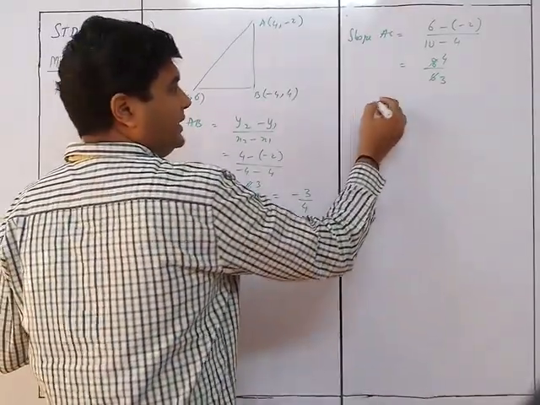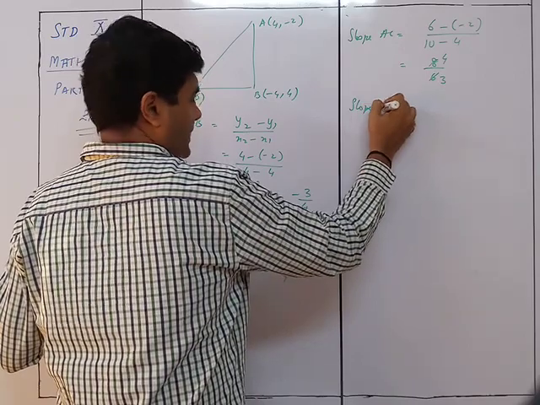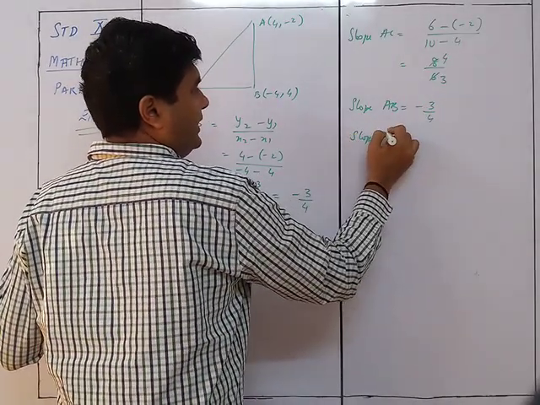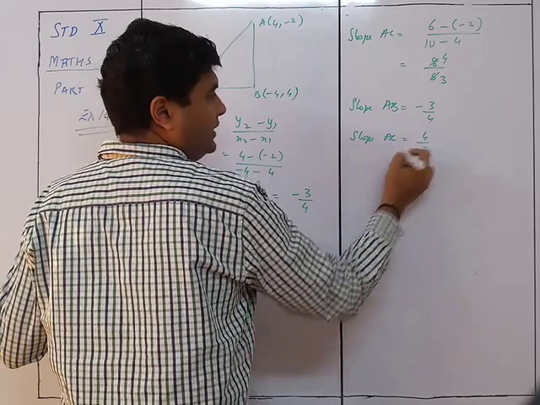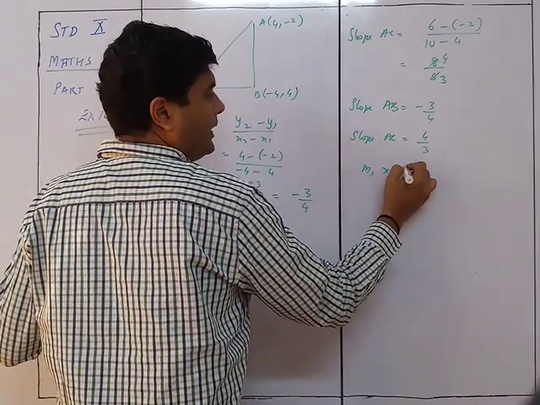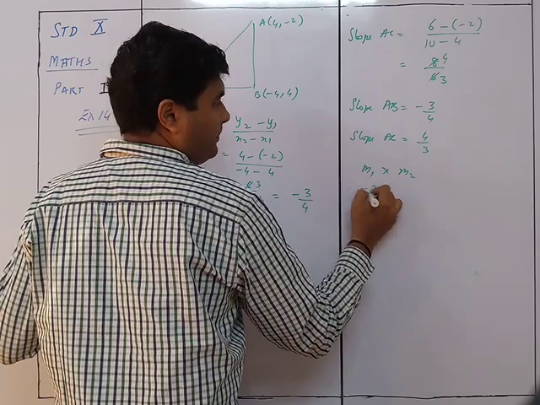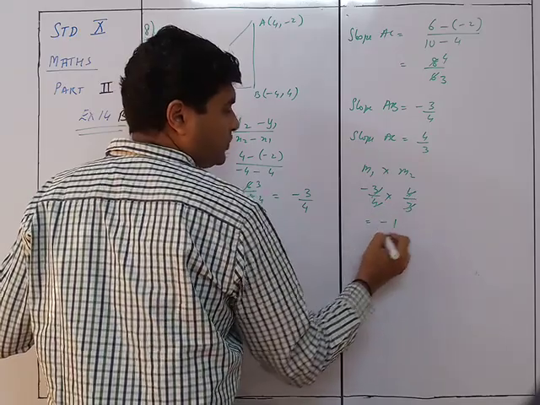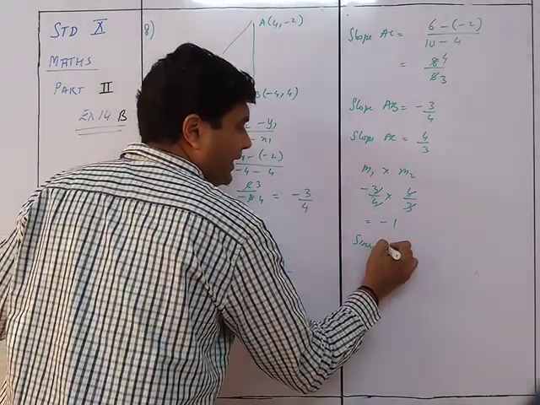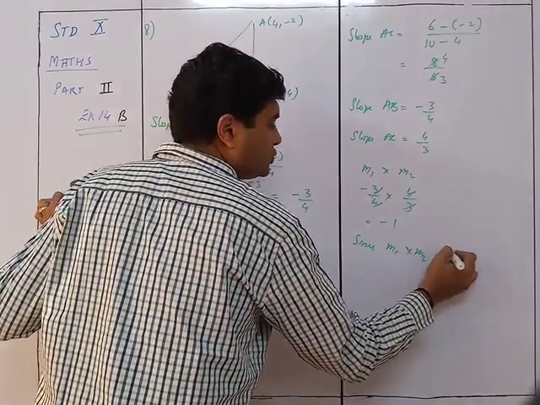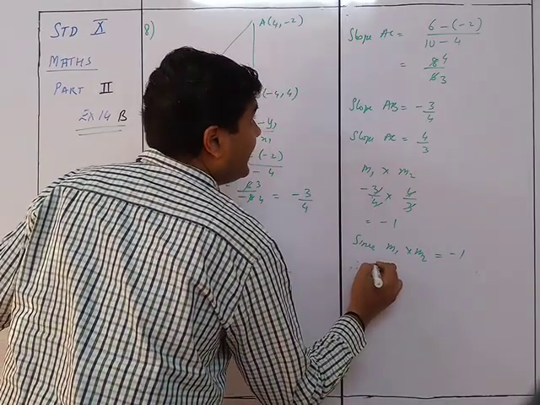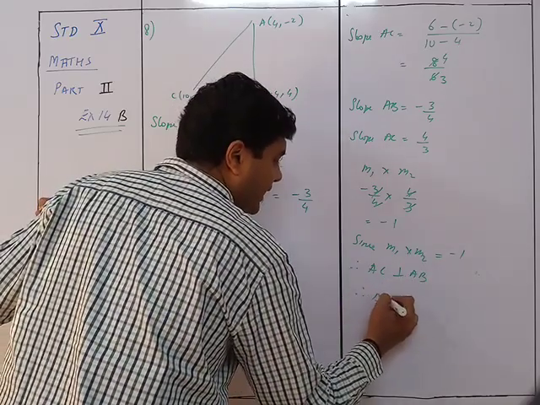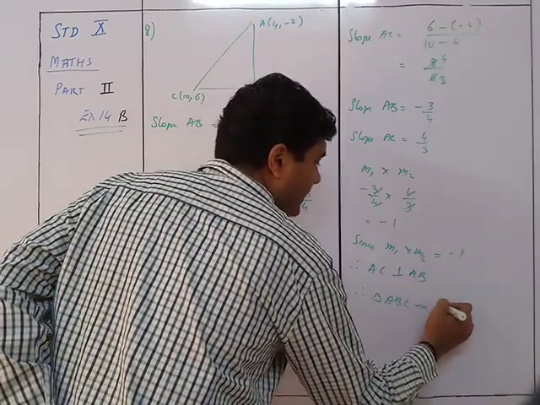So now you can see that slope AB is equal to minus 3 upon 4 and slope AC is equal to 4 upon 3. So m1 into m2 is minus 3 upon 4 into 4 upon 3, which gives you minus 1. Since m1 into m2 is equal to minus 1, therefore AC is perpendicular to AB, therefore triangle ABC is a right angle triangle.